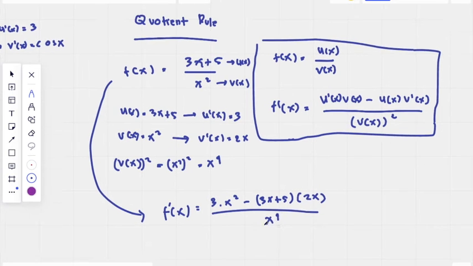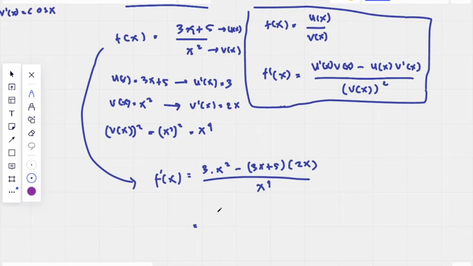We can simplify. Let's write this one as 3x squared and then open the bracket. 3x times 2x, this is 6x squared minus 10x, right, over x to the power of 4.